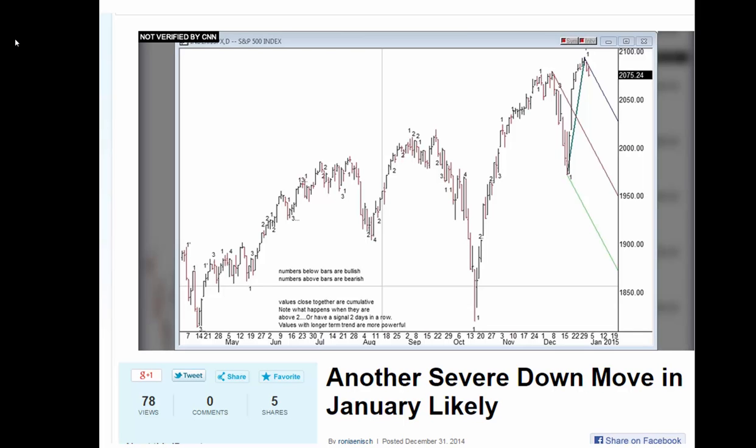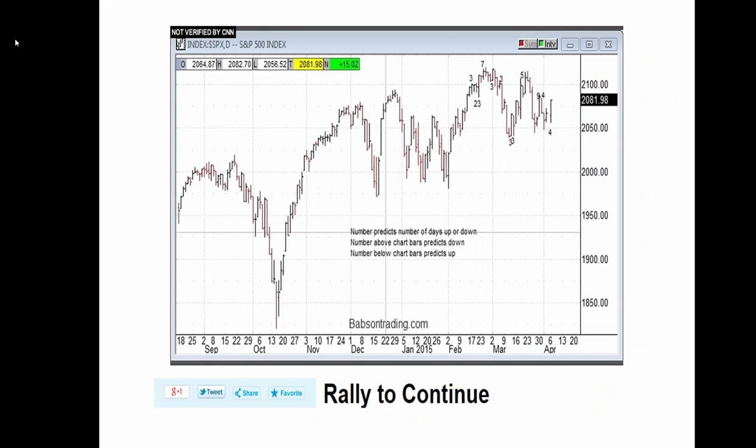This was the forecast at the beginning of January, looking for a down move. And yes, it went down for the whole month of January. As you can see, this is where the forecast was. Down she went in January, and then we had a buy signal down here. And this was another one that was posted. It said rally to continue, and we're looking for the rally to continue to the upside.